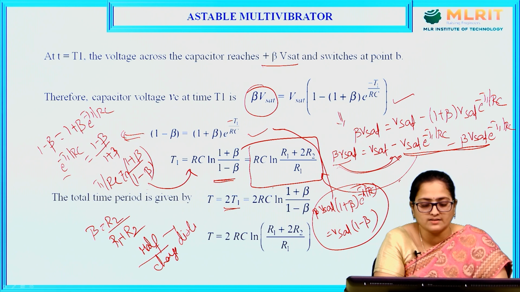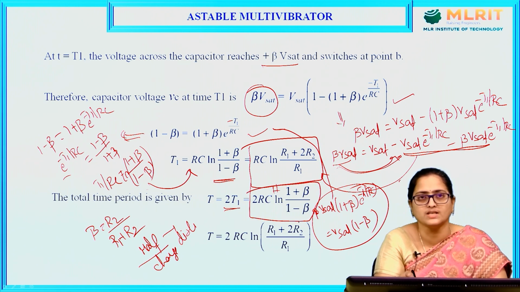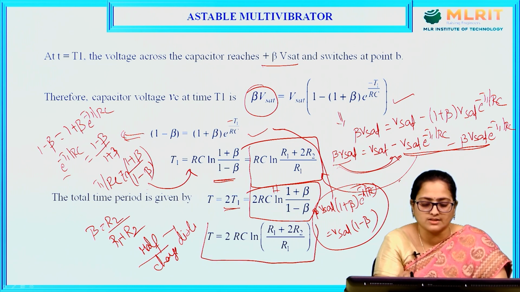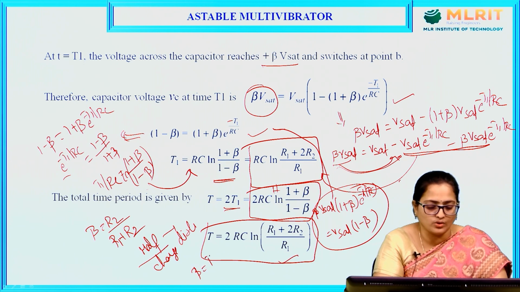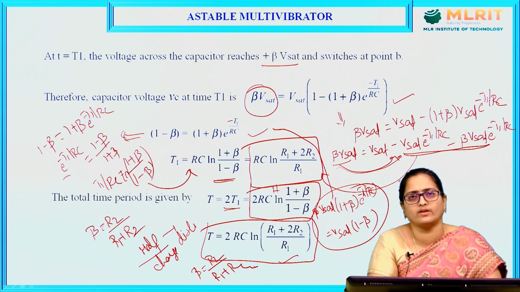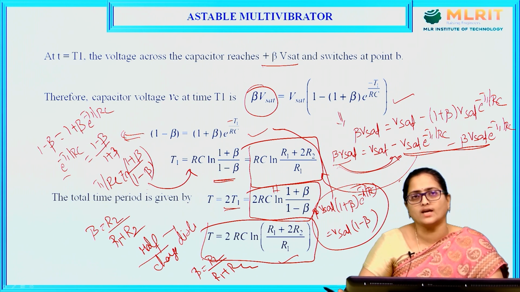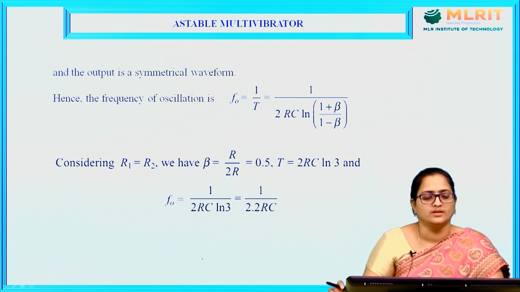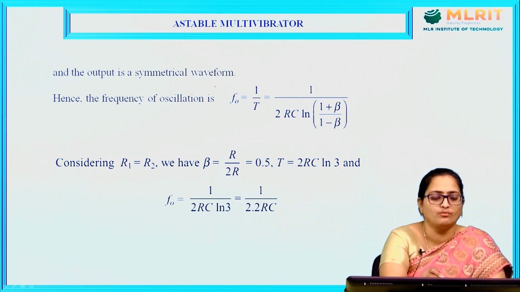So, you can write T is equal to 2RC log of 1 plus beta by 1 minus beta, which is rewritten as T is equal to 2RC log of R1 plus 2R2 divided by R1 by substituting the beta value as R2 by R1 plus R2. So, the total time period of a square wave generator is given as 2RC log R1 plus 2R2 divided by R1, and the output is a symmetrical waveform.